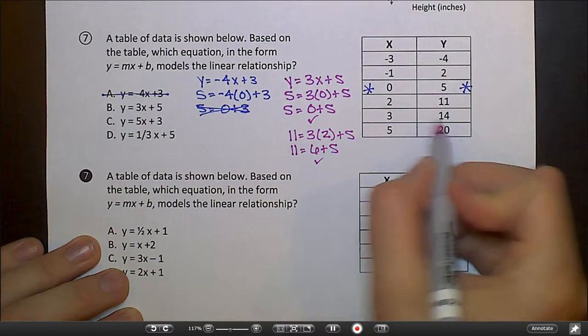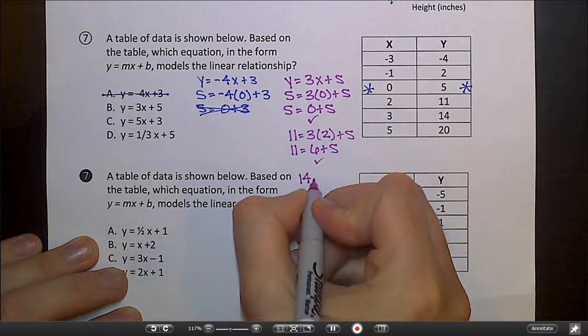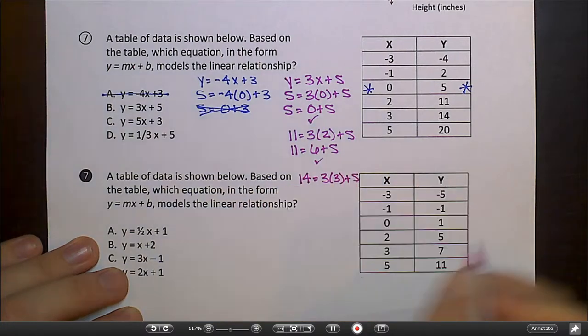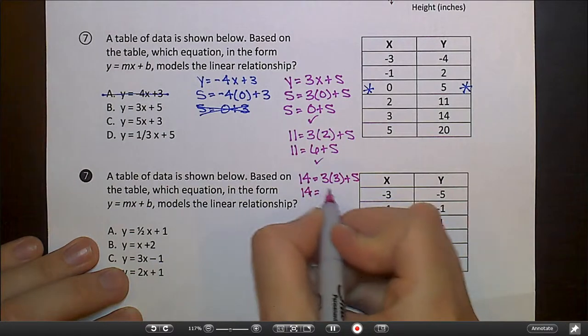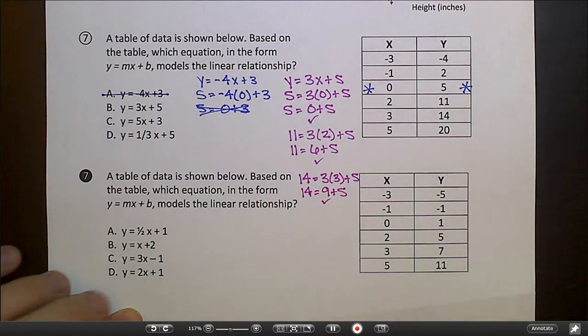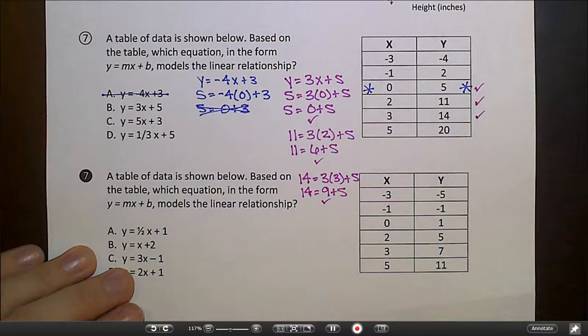Now let's try 14 and 3. 14 equals 3 times 3 plus 5. So all we're doing is plugging in and testing. 9 plus 5, yep, that's 14. So far, all of these work, those 3.